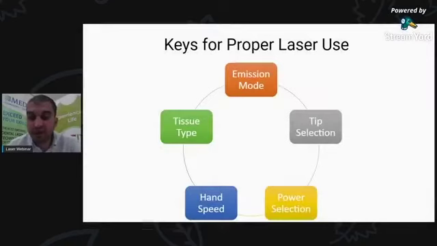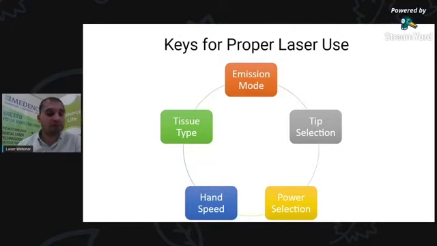The third key we have here is the tissue type, and this we discussed in the chromophore. We have to select our tissue and select the laser that suits this tissue. Let's say if I'm going to do a depigmentation or gingivectomy, the diode laser will be good and perfect because it works very well with the melanin cells or the hemoglobin cells, and it will be absorbed and have a good effect.